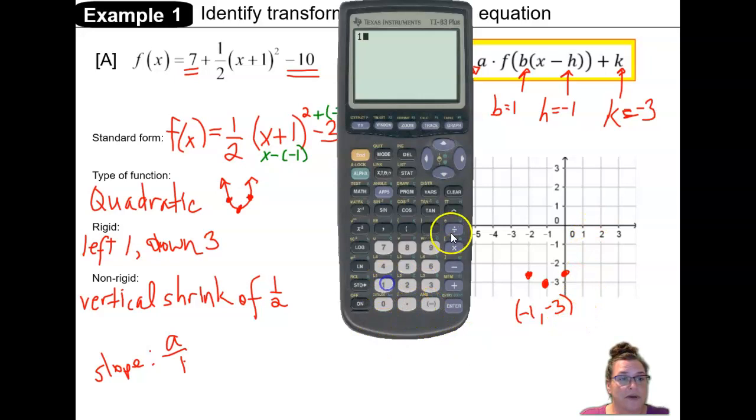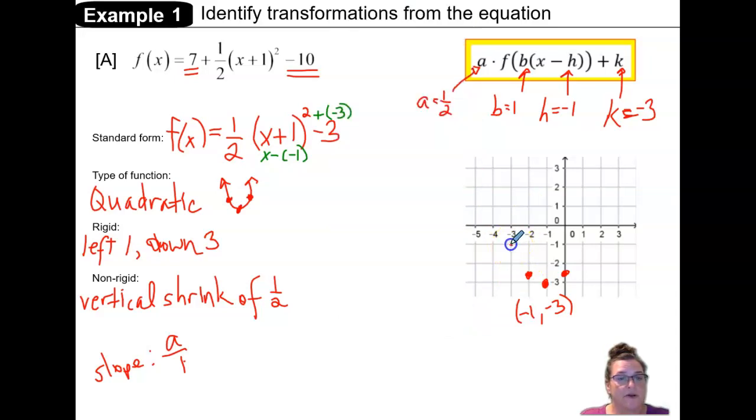So if I put in my equation 1/2 parentheses, but instead of x, I'm going to put in, let's do -3. So -3 for my x plus 1, close the parentheses, then I have a square, and then that's -3. Right? That's my standard form that I wrote out here. I press enter, and that tells me now that -3, -1 is on this graph.